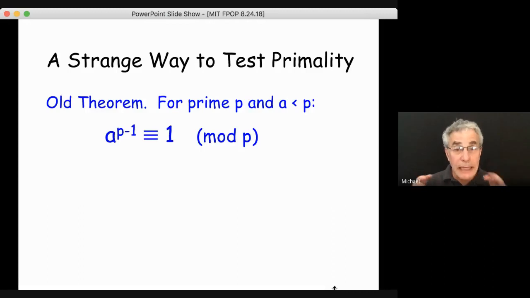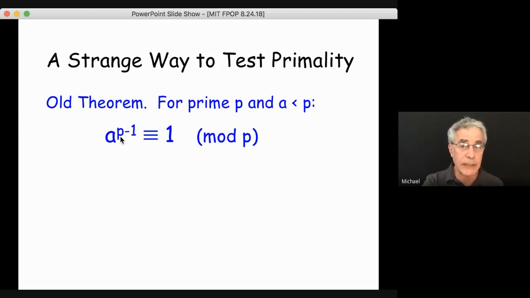It's called Fermat's little theorem, and it's just a very simple statement. It says if you have a prime, we'll call it P, and you have some number A between 1 and P minus 1, now you take that number A, and you raise it to the P minus 1 power.